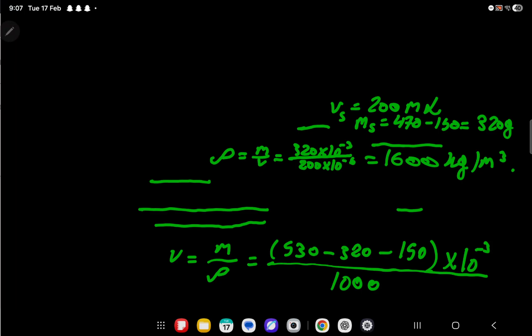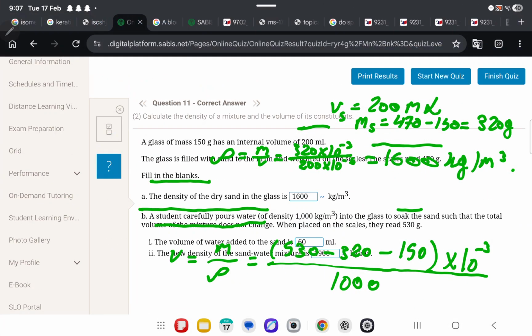So how much are you going to get? You're going to get 530 minus 320 minus 150 times 10 power minus 3 over 1,000. 6 times 10 power minus 5, which is not correct.